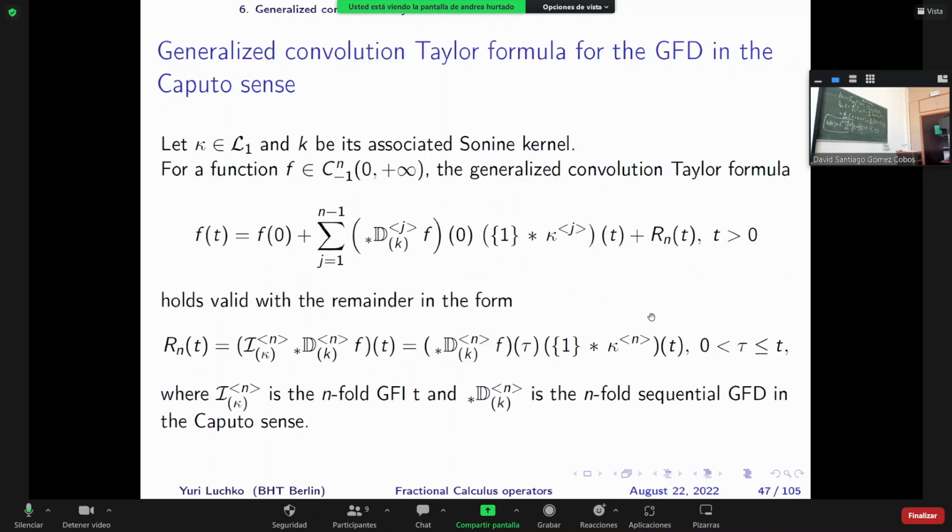And from this version of the second fundamental theorem, of course, similar generalized convolution Taylor formula can be derived. It looks differently, and in fact, even these basis functions are different. Yeah, because here we have integrals of the j-fold convolutions of the function kappa, and in the previous formula we had the g plus 1 fold convolutions of the function kappa, so that are different functions.